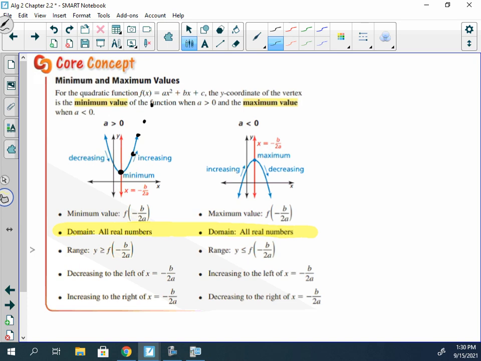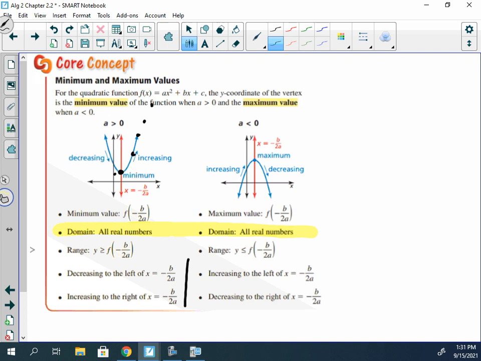No. So whenever the parabola opens up, it will have a minimum value. And we'll think about the minimum value according to the y going up and down. What is the minimum value? The y value. And the range, well, since it's opening up, all the y values that are greater than the y value of the vertex would be the range. And we'll look at decreasing and increasing as we actually look at the graph. It'll make more sense when we see it.